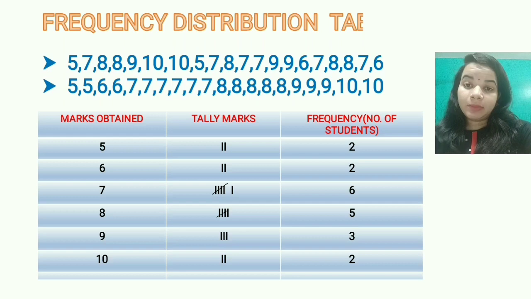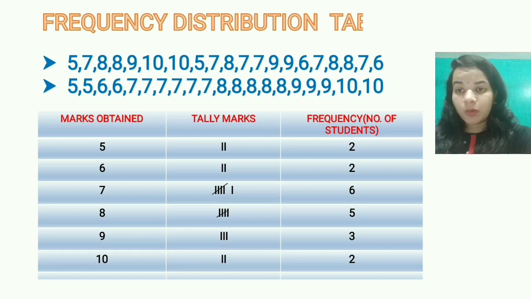Now what will the table have? It will have the observation, that means the marks obtained. Now here if you see, different marks obtained are 5, 6, 7, 8, 9 and 10. These are the different observations. These are the different marks obtained by children.